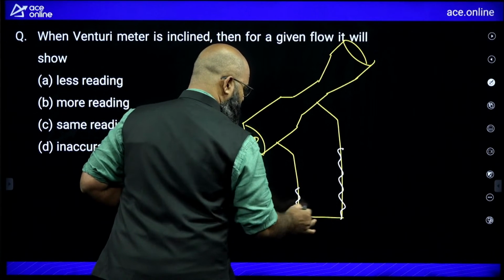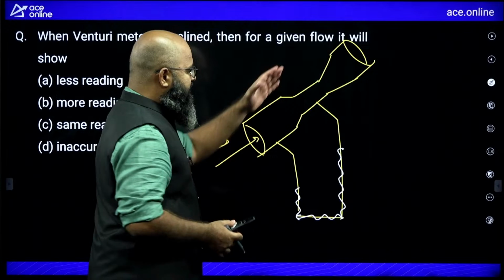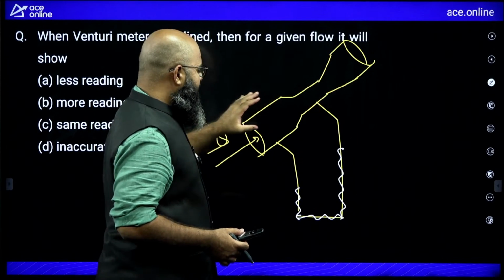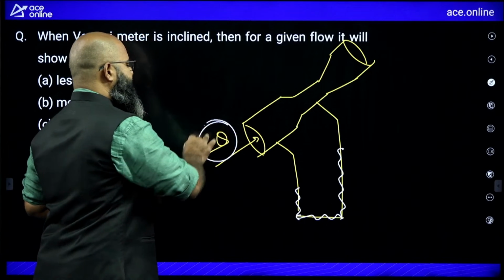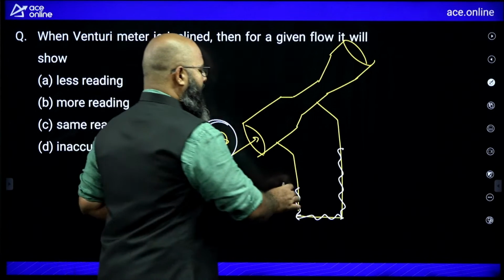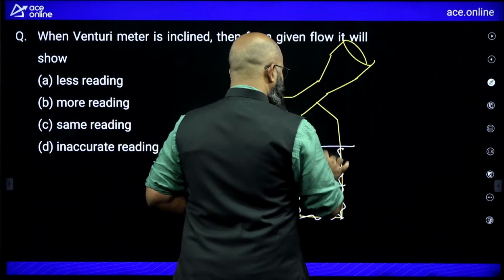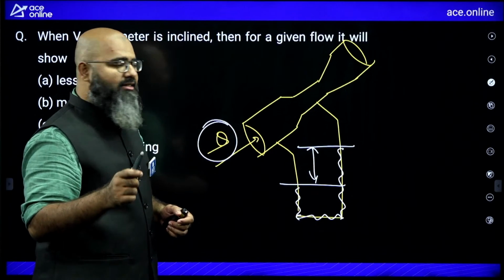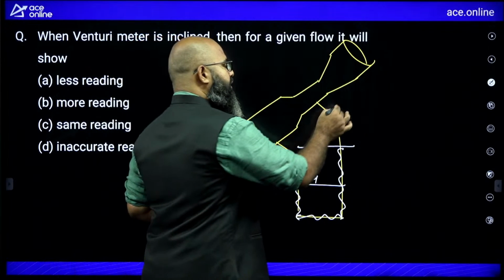The question is saying that if this inclination is tilted, the angle is made different while the flow rate Q is being maintained, what would happen to this deflection level? Is this deflection going to change or remain constant? The answer is, recall what the formula for Q is.